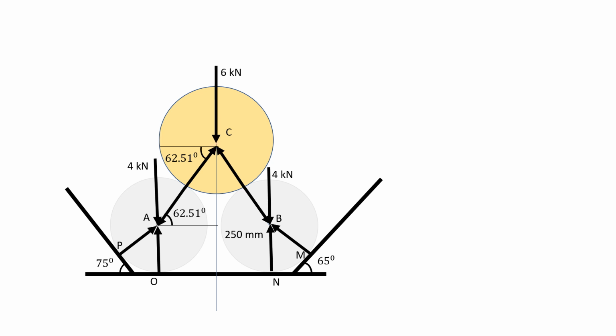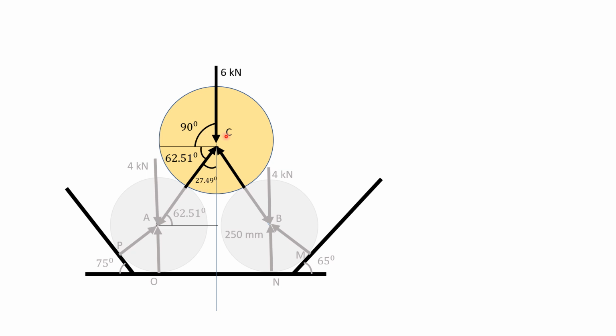First consider this sphere C. This angle will be 90 degrees, and this remaining angle we get by 90 minus 62.51. So we get this angle as 27.49 degrees.